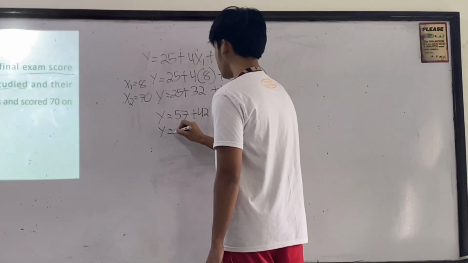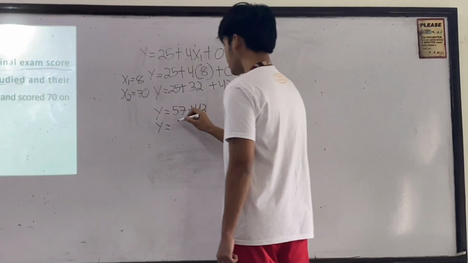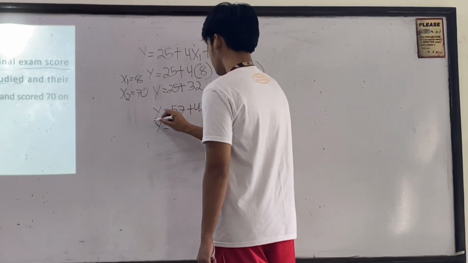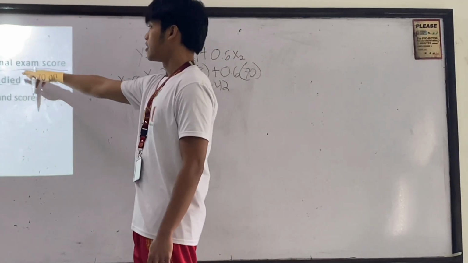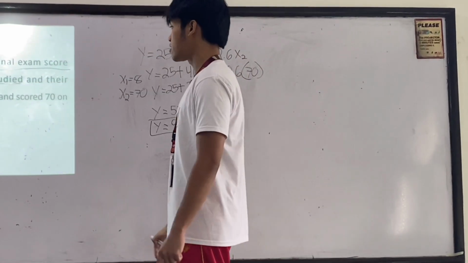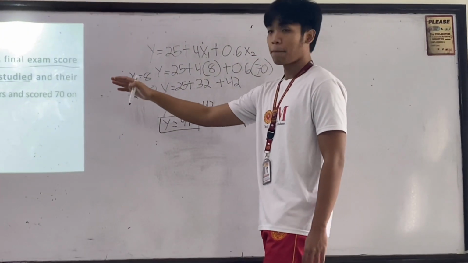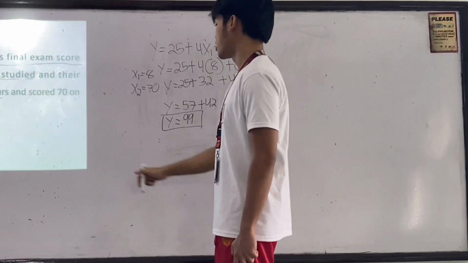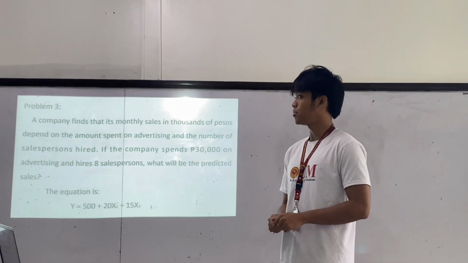So y is equal to 57 plus 42 is 99. So this will be the student's final exam score based on the number of hours studied and the student's midterm score. So we will now move to problem number 3.